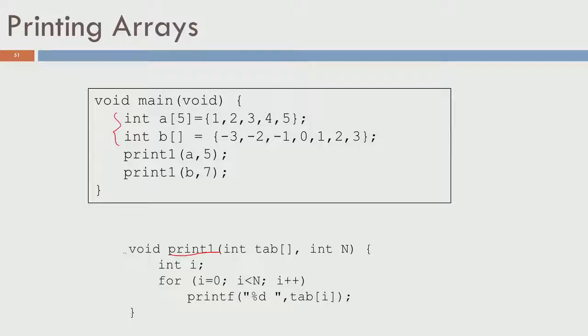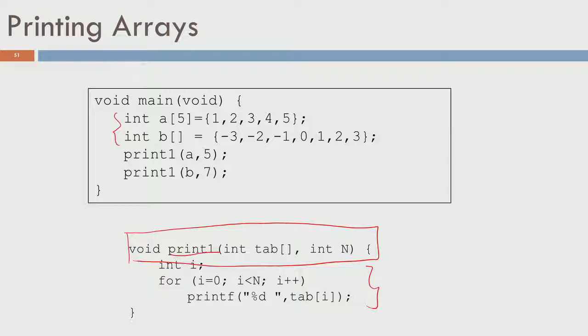If you forget this part right now, let us look at the body of the loop: for i equals 0, i less than n, i plus plus, print tab of i. So, if I have some one dimensional table, I can definitely print the contents of that.